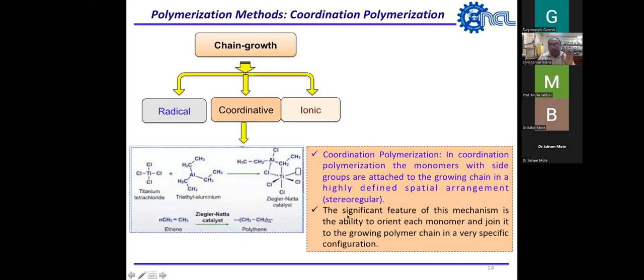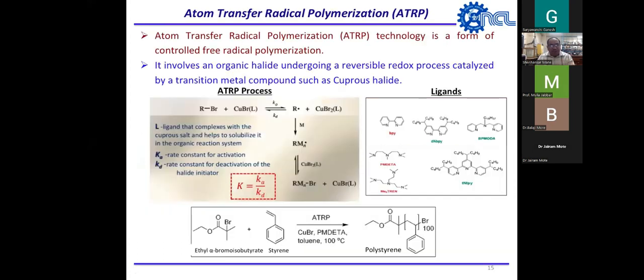The significant feature of this mechanism is the ability to orient each monomer and join it to the growing polymer chain in a very specific configuration. Nowadays, people largely use this Ziegler-Natta catalyst to make polyethylenes. The polyethylene bags we use daily as carriers are made from ethene to polyethylene using this Ziegler-Natta catalyst.